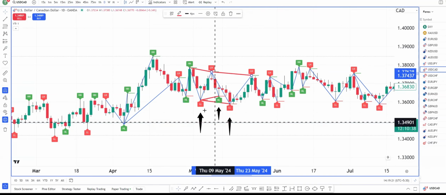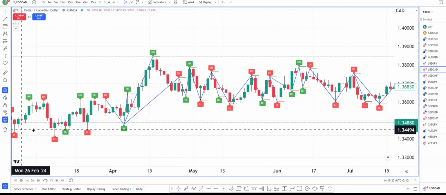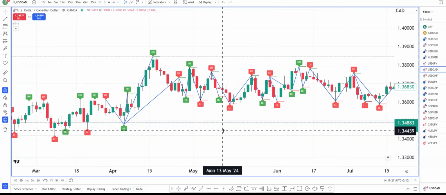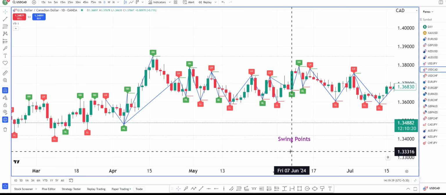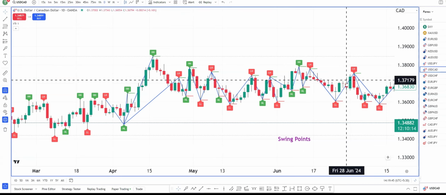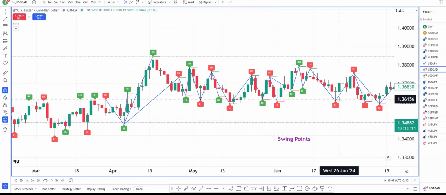Now, these lows and highs that we are marking can also be considered as swing points, right? We can call them swing points.